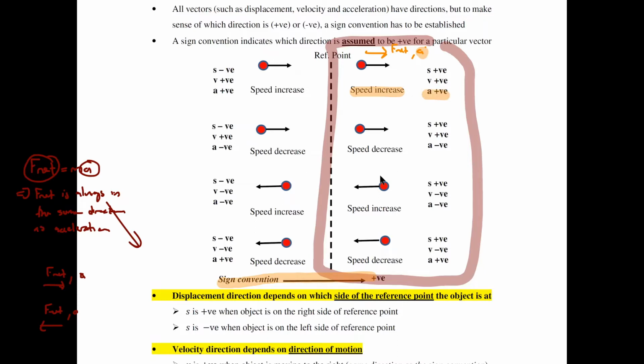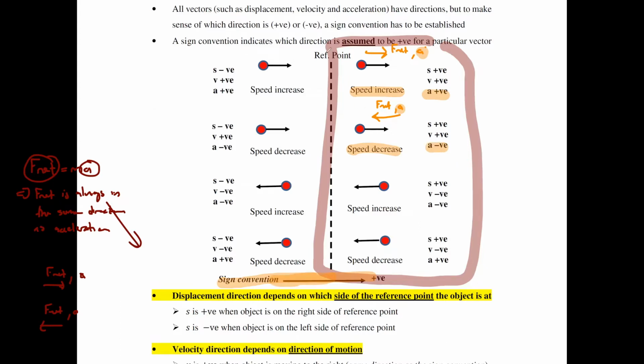Now, if you look at the other case, the part where the speed decreases, the only way your speed would decrease is if your acceleration is opposite to your motion. Your F net is in this direction, your acceleration is in this direction. Looking at the direction of your acceleration now, it is opposite to your sign convention, so this is negative acceleration.